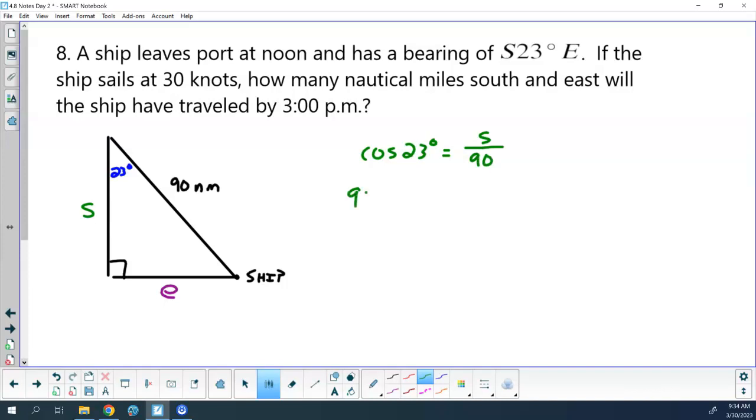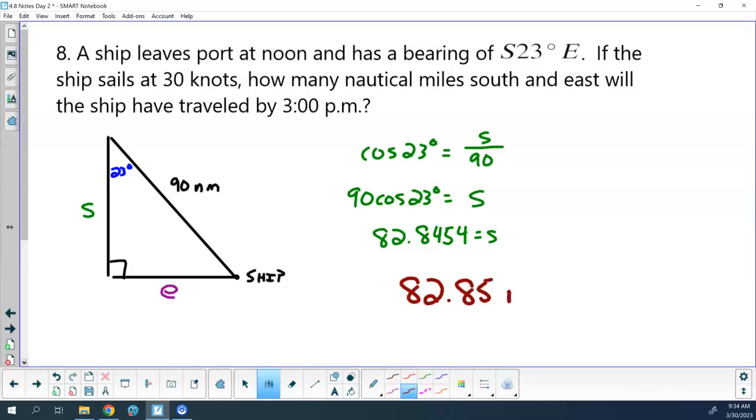So this is going to be 90 cosine of 23, which would be 82.4. So we'll say we are 82.85 nautical miles south.